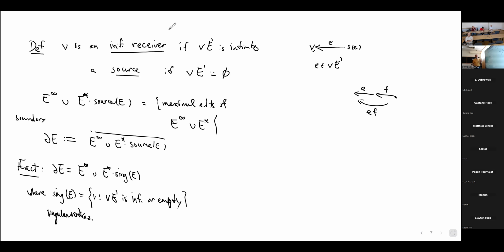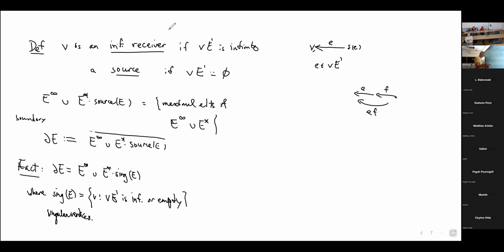Anyway, I think this is something that sometimes people seem to miss, that the infinite paths are not locally compact if there are infinite receivers. And if there are sources, then you're missing some of the maximal elements if you don't include those as well. So the correct boundary is this way.